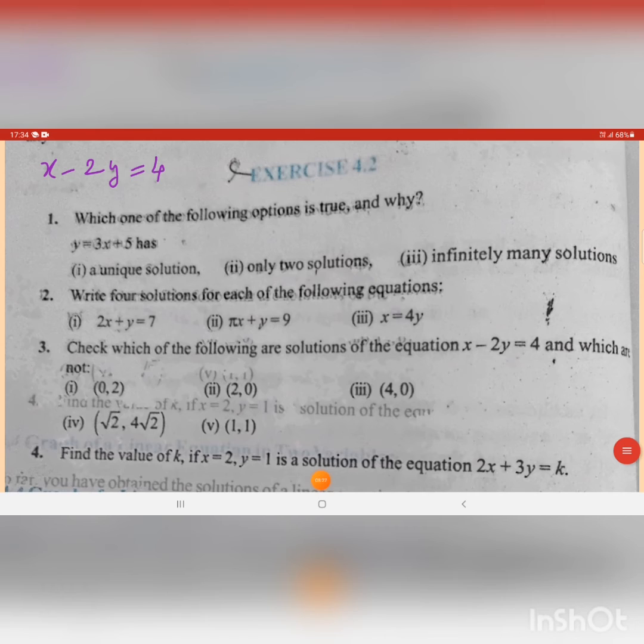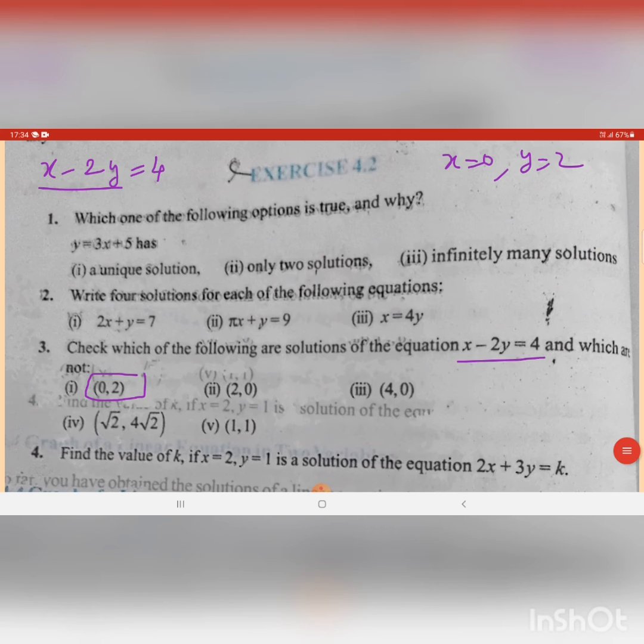Now question number 3. Check which of the following are solutions of the equation x minus 2y equal to 4, and which are not. First, (0, 2). (0, 2) means you have to put x equal to 0 and y equal to 2 in the left side of the given equation.